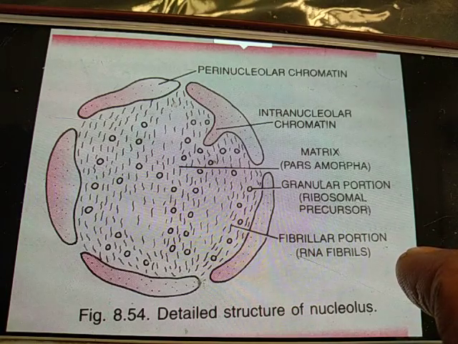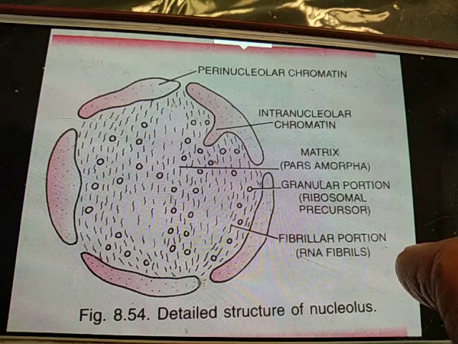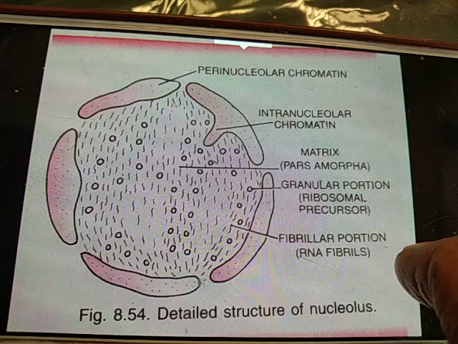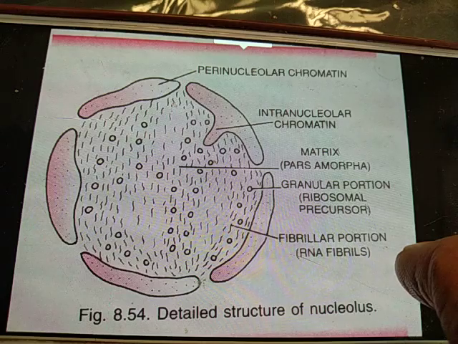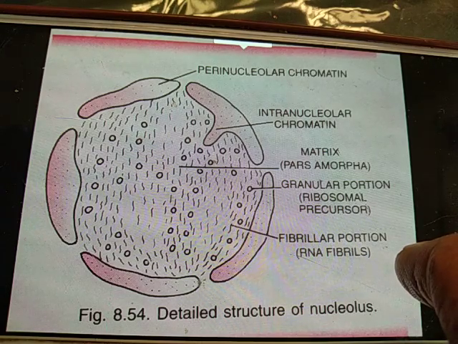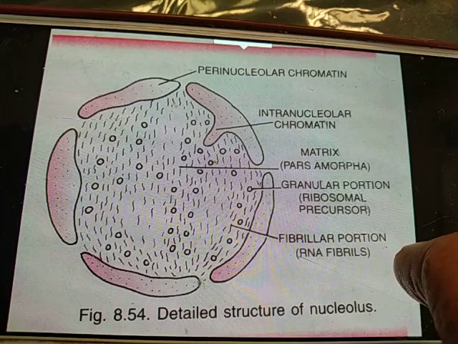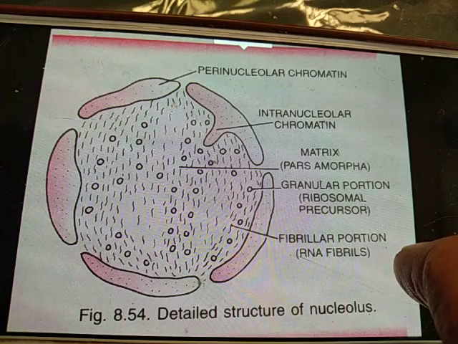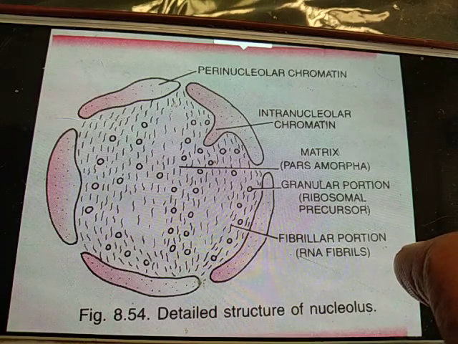The granules are formed of protein and RNA in the ratio 2:1. They are believed to be precursors of the ribosomes. The fibrillar portion, also known as nucleolonema, is formed of a large number of small fibrils that are 50 to 80 Angstrom long. The fibrils are made of both protein and RNA and are believed to be the precursor of the granules.